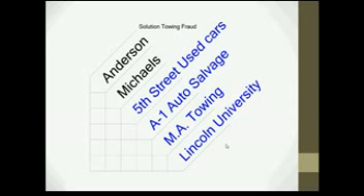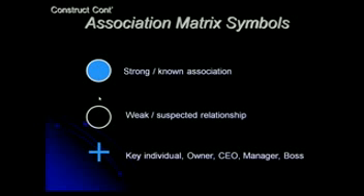The closed circle represents the strong or known association or relationship between entities of interest. The open circle represents the weak or suspected relationship between entities of interest. And the key or plus sign indicates a key individual or owner, CEO, manager, boss, or somebody who's a principal or significant to an entity of interest.